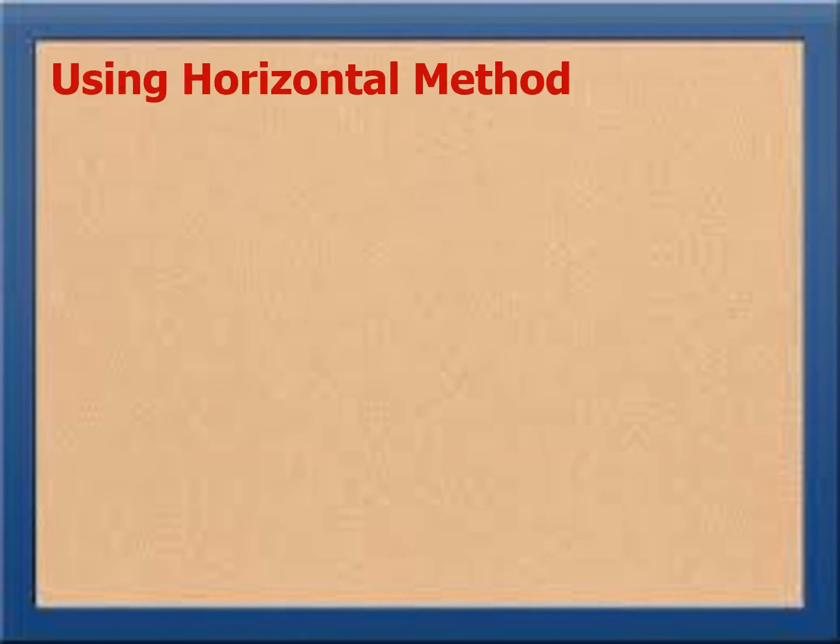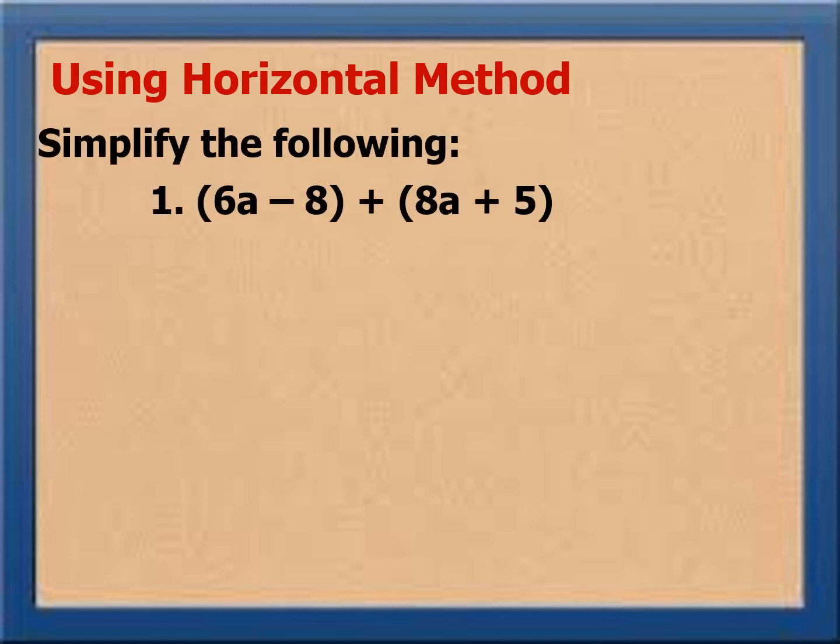Let's try using the horizontal method. We have 6a minus 8 plus 8a plus 5. What are the terms that we can combine?